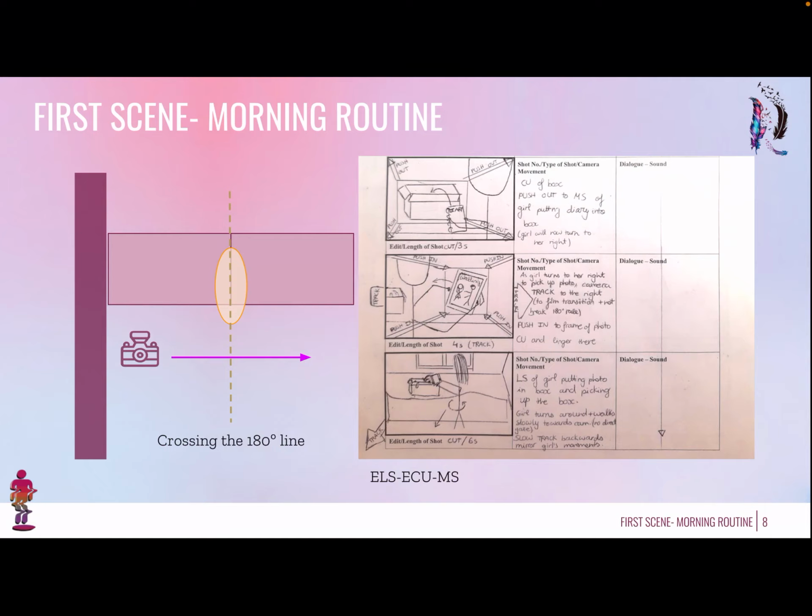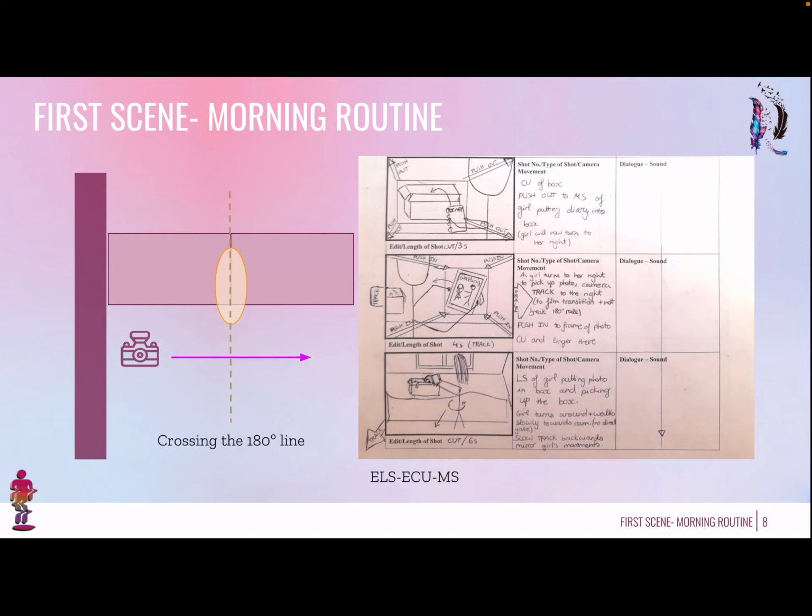So close-up of the box, and then it pushes out to a medium shot of the girl putting her diary inside the box. So at this point the girl is at the right of the frame, but because she is now going to turn to her right, the camera, as she does so, is going to record the crossing of the 180-degree line, and film behind her a kind of tracking shot to the right, so as to film that transition.